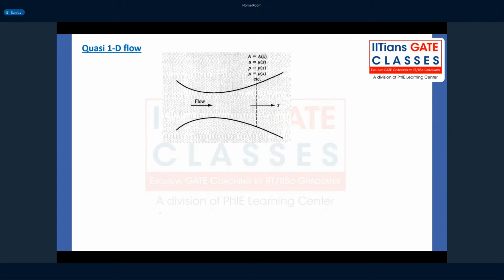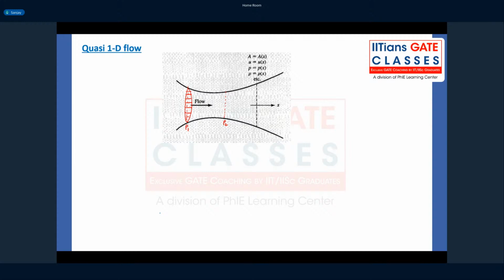We assume that the flow properties are only a function of x, which means the pressure at this station, let's say P1, is different from the pressure at this station P2. But at any particular station, if you look at the cross section of the duct, the pressure is the same everywhere.